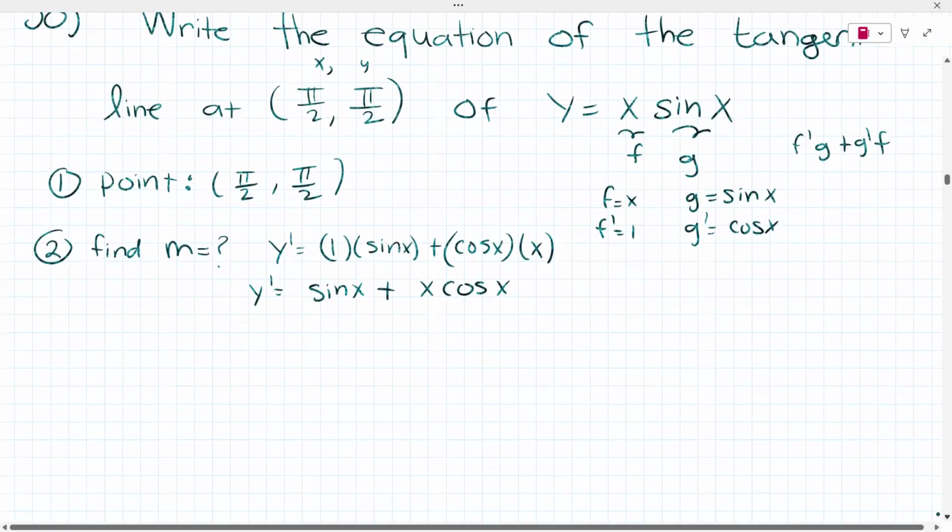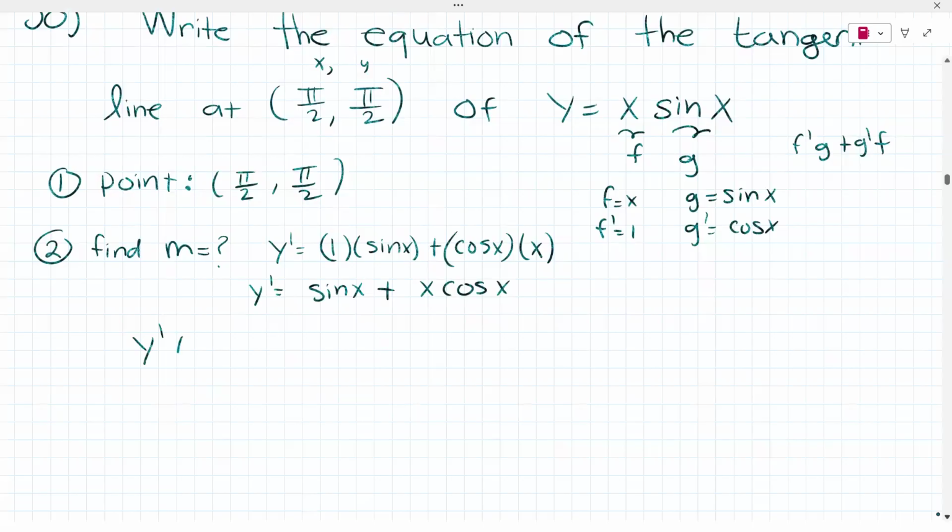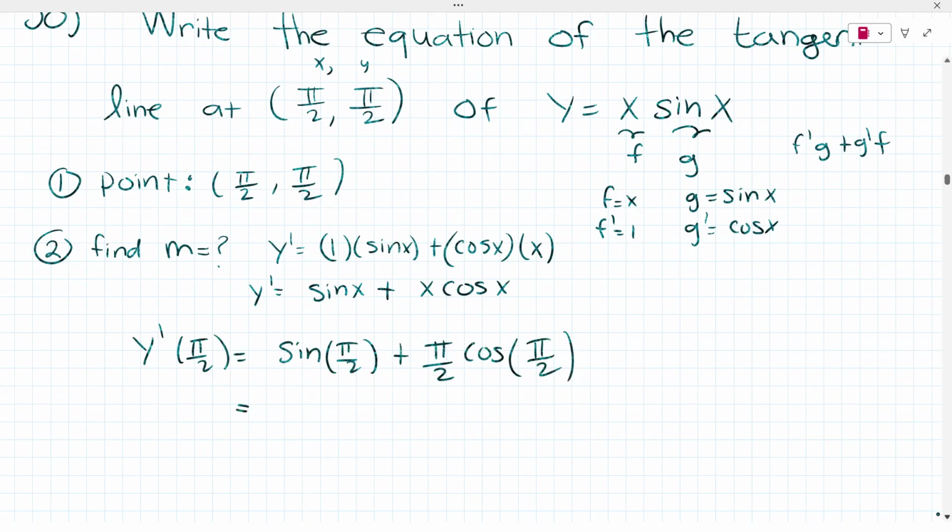Now, because slope is a constant, I think we just have to plug in our x coordinate because we don't have a y coordinate, right? So it's going to be sine, wherever you see an x, plug in pi over 2, plus x, which is pi over 2, cosine of pi over 2. Sine of pi over 2, you can use a calculator or you can look at your unit circle.